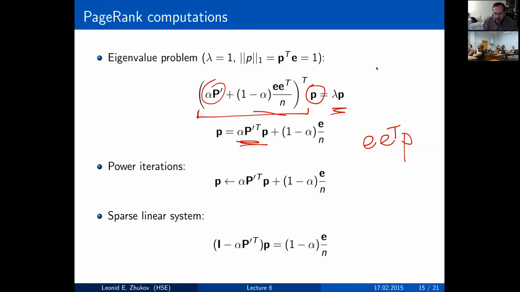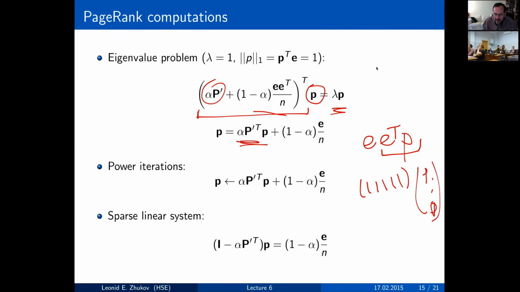Well, in this product, you can actually use associativity and multiply this part first. What's E transpose times P? E is a bunch of ones, and P is our vector of probabilities.